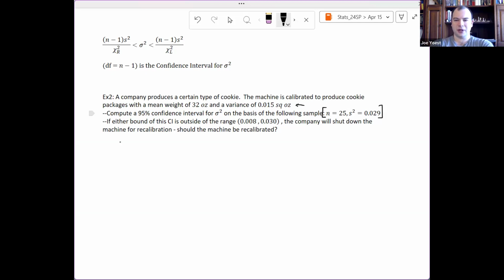Obviously, that's a costly process, so we don't want to do that for no good reason. If we think that this deviation was just due to sampling error, we wouldn't do that. If we think that it's too big to only be due to sampling error and there's something systematic underlying this difference, then we will shut down the process, we'll investigate, we'll recalibrate, whatever we need to do. That's the question we're trying to answer here.